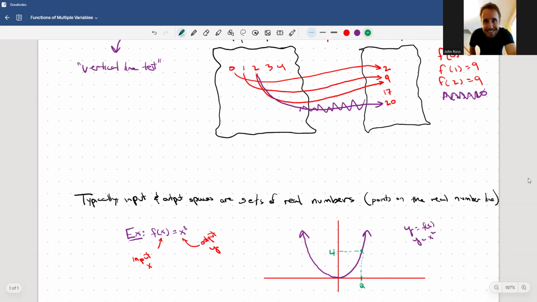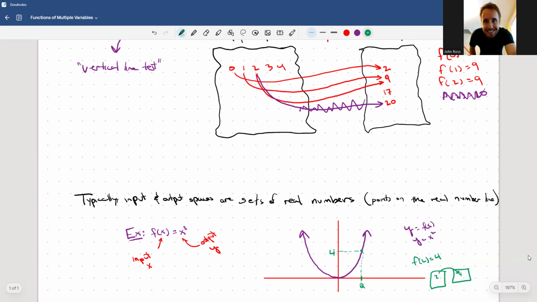And so this is like saying f of 2 is equal to 4. And equivalently, we could say when x is equal to 2, y is equal to 4. Or if we were doing one of these input output boxes like we had up above, this would be sending the number 2 over to the number 4. And we get something like that.